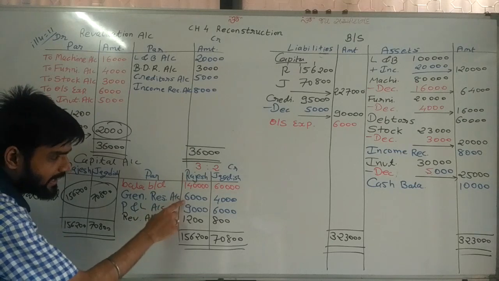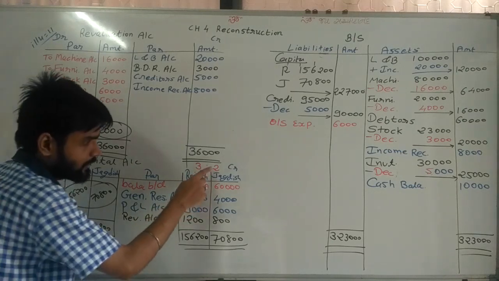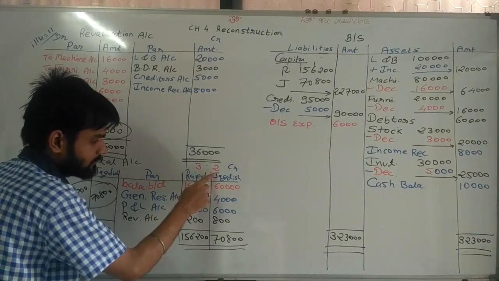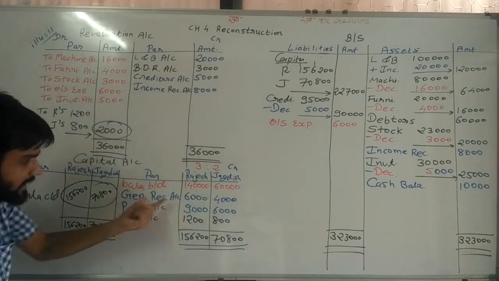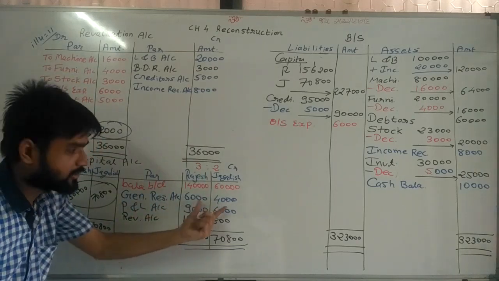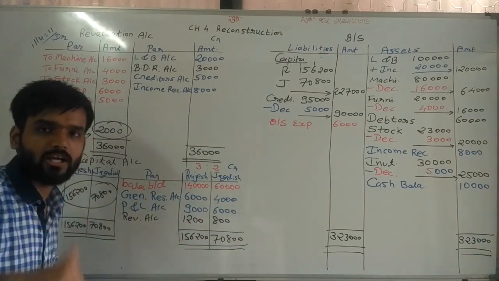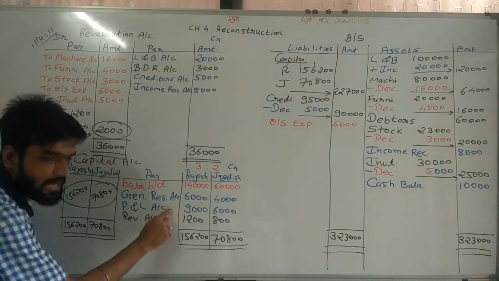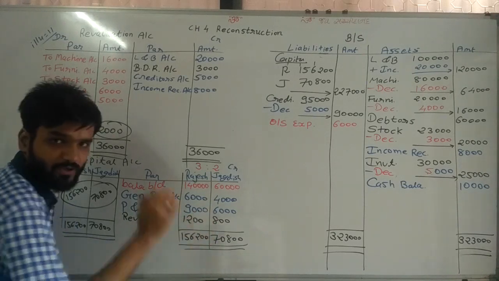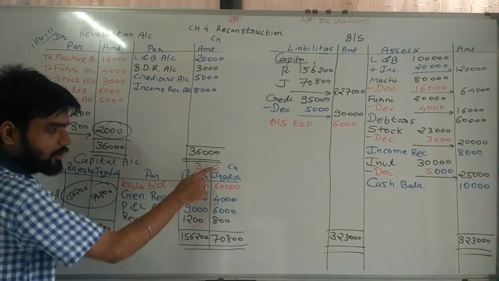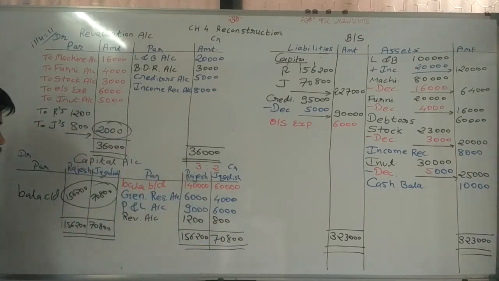So general reserve account debit 10,000 to Rajesh capital, to Jagdish capital. This is my journal entry. Same way, P&L account debit, total of this 15,000 to Rajesh capital, to Jagdish capital.